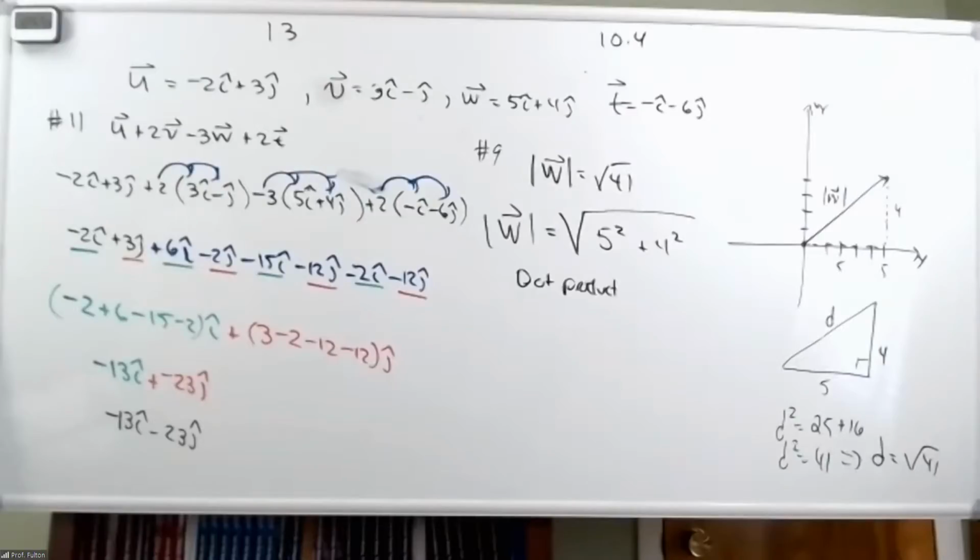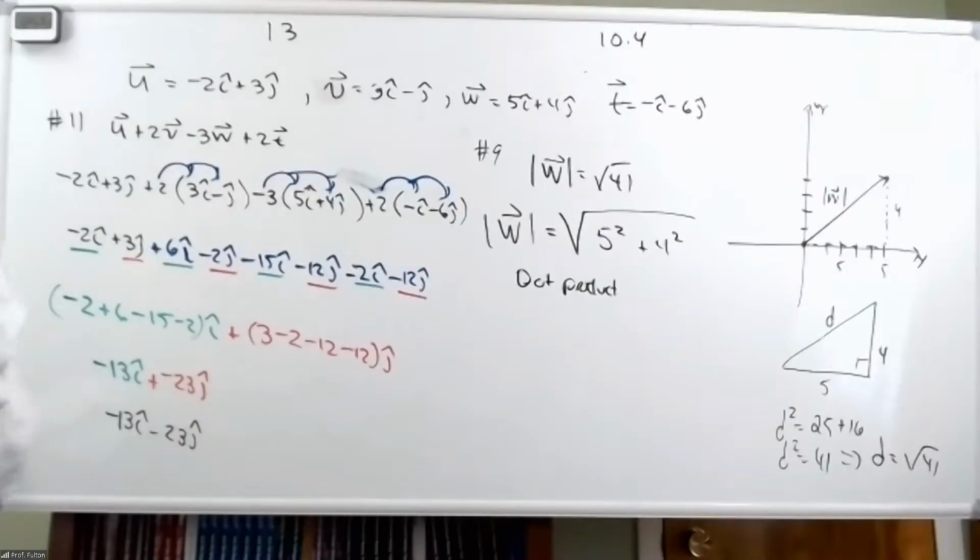Minus 13 minus 23. Okay, the other one's 7. I'll double check those as well. For 9, we got 25 and for 16, we got 41. See, these are all messed up. I think I changed these around dramatically. Yeah, so I apologize for that.